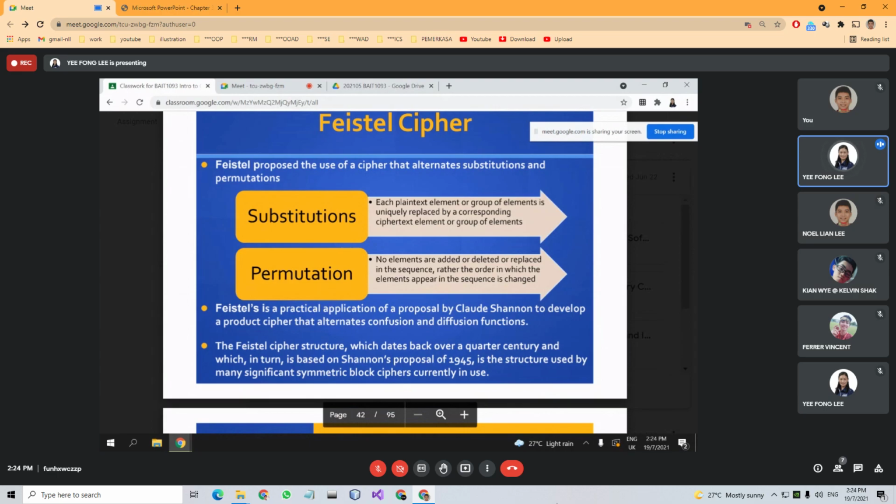DES, the Data Encryption Standard, is one example of a Feistel cipher. A cryptography system based on the Feistel cipher uses the same algorithm for both encryption and decryption. How the algorithm works, I will show you later.